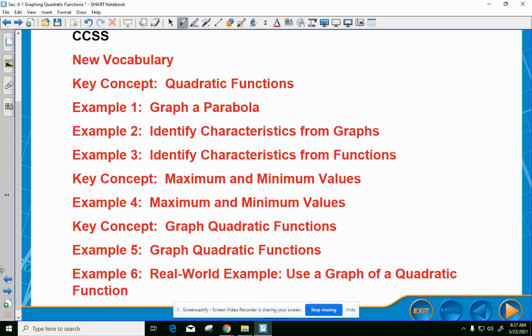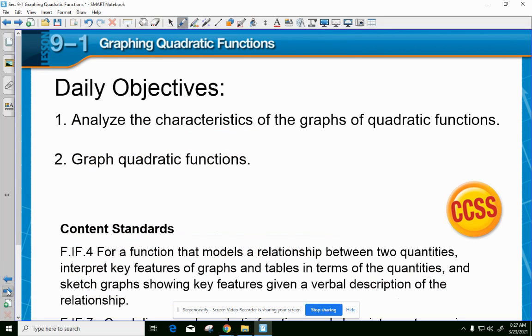And then ultimately, we're going to try to answer a question using this idea that involves a basketball. Of course, that's how I tend to write all my things, I guess. So, can we analyze these characteristics? We talked about some characteristics yesterday: the vertex, the axis of symmetry, the zeros, those kinds of things.